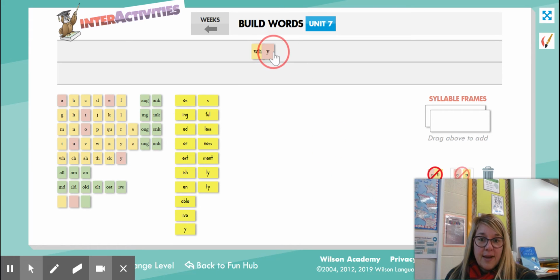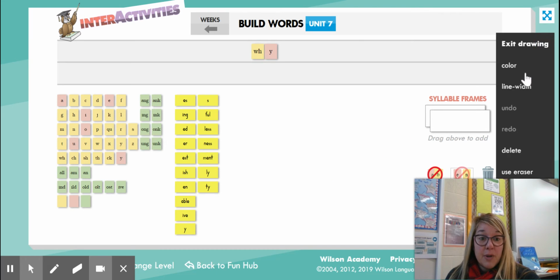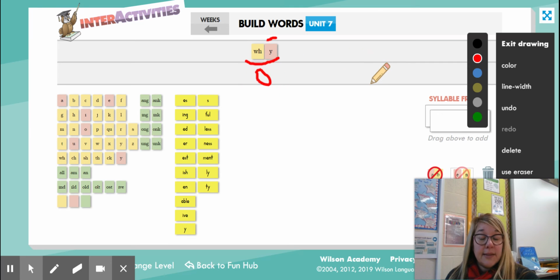When I put the Y there, I know that looks right. So I'm going to use the Y as a vowel at the end of this word. And it's an open syllable because Y says I at the end of this word, like cry. Again, if I wanted to mark this word, then I would mark it as an open syllable because that vowel at the end of the word makes a long vowel sound.